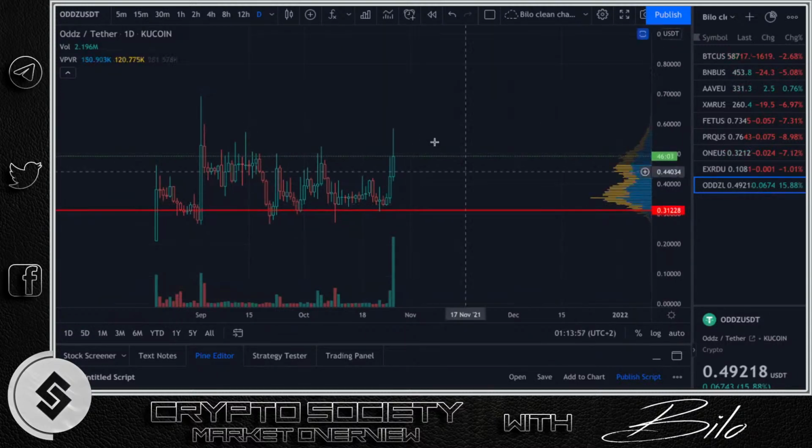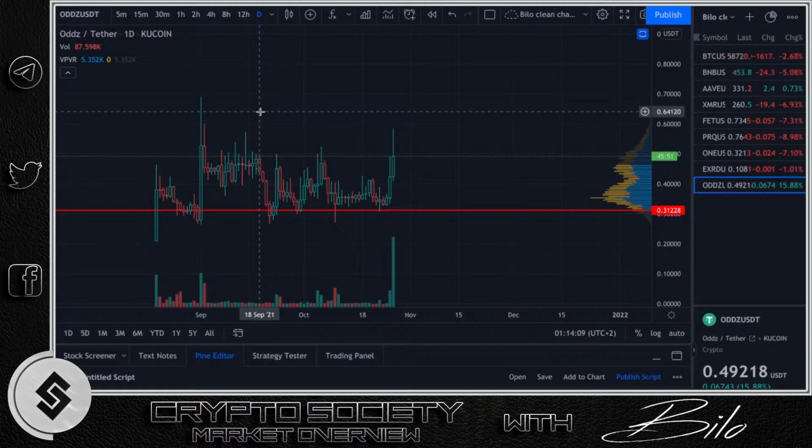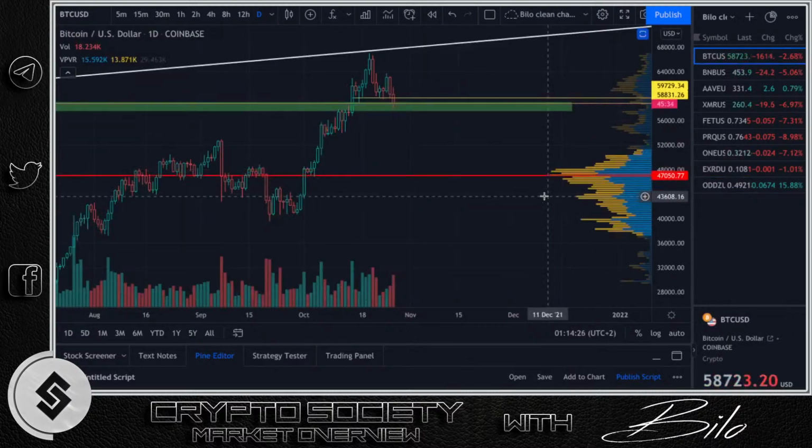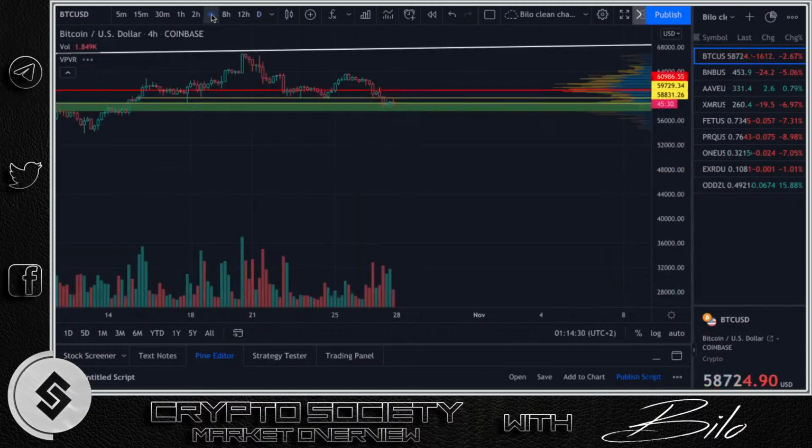Have you been trading this? No, I haven't. I was going to buy some this morning, and then I got sidetracked and bought some ELA instead, which has a relatively similar sort of chart. Very cool. That's a nice amount of buying volume today. For sure. And that's a good signal that if there's that much buying volume on one day, it could be about to explode massively, in my opinion.